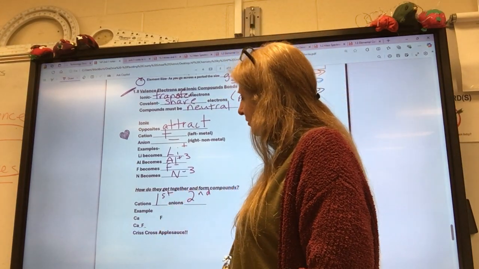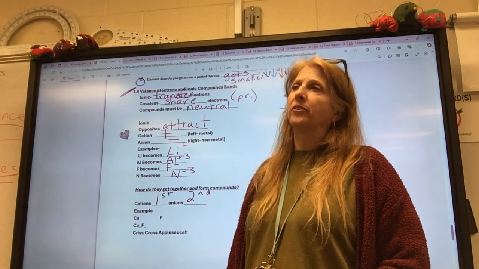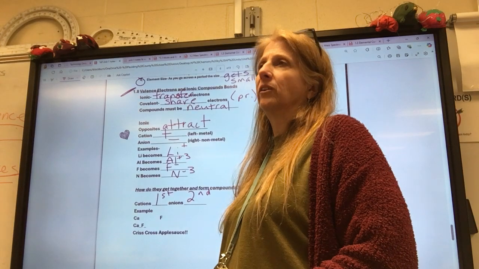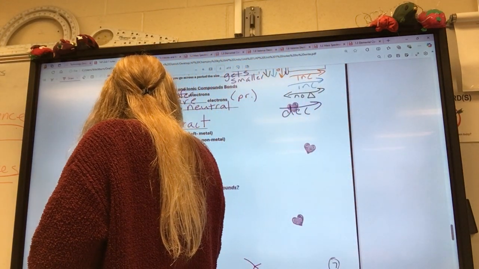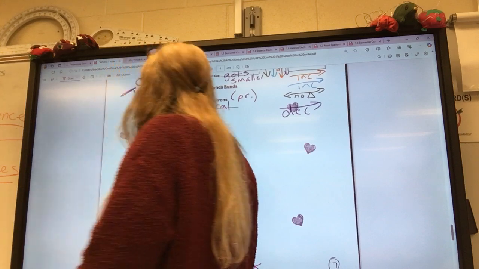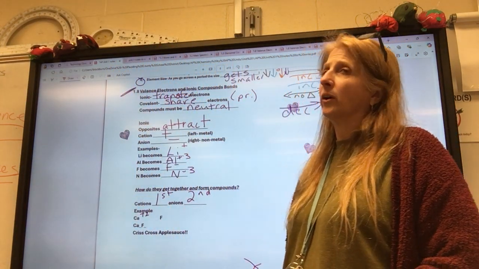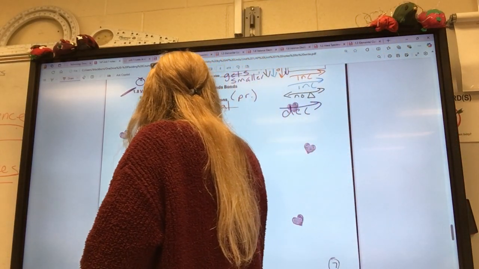So if we have calcium and fluorine, first of all, we got to figure out what their charges are once they're ions. So what charge is calcium going to make when it's an ion? +2. So I'm going to put as a superscript +2. What ion will fluorine make? -1, yes.